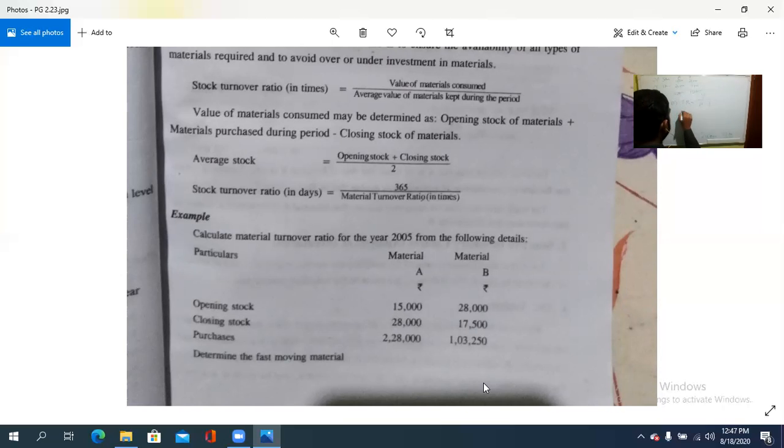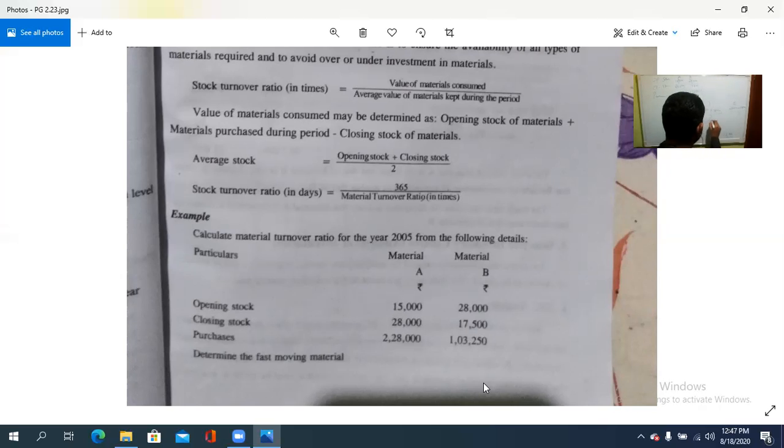So average inventory for A is 15,000 plus 28,000 divided by 2, and for B, 28,000 plus 17,500 divided by 2. That also we need to look into. 15,000 plus 28,000 divided by 2, it is 21,500.